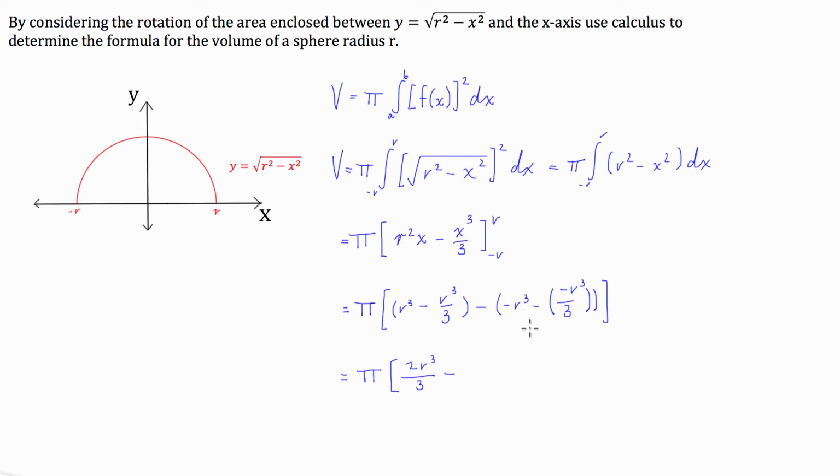Now we've got negative r cubed minus negative r cubed over 3. So that's like saying plus r cubed over 3. So negative r cubed, which is negative 3r cubed over 3, plus r cubed over 3 is going to be negative 2r cubed over 3.